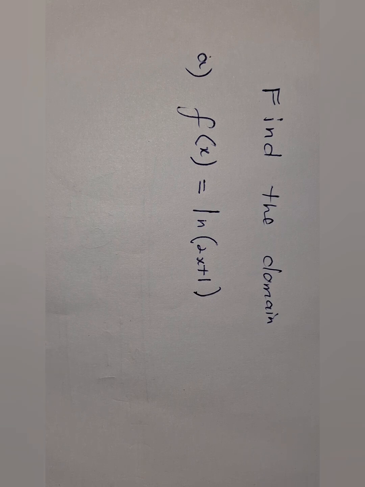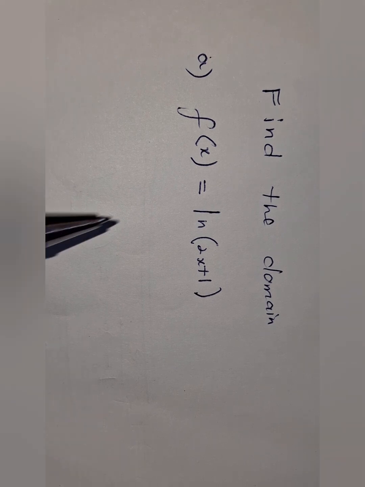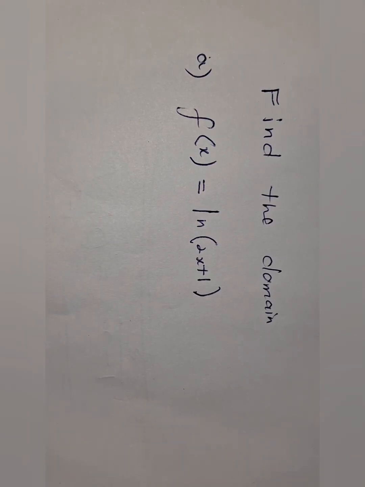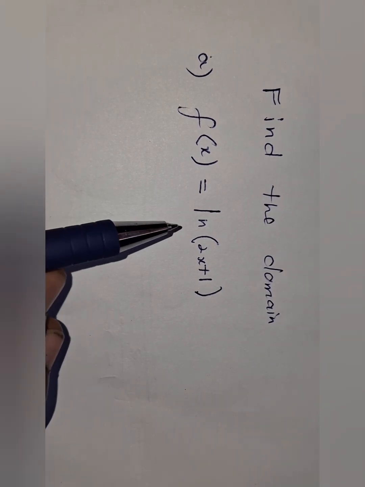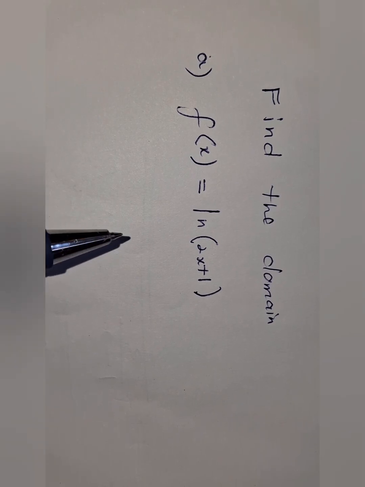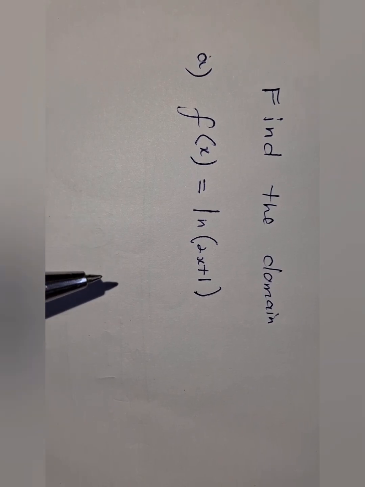So, let's go over an example. Here we have f of x is equal to ln of 2x plus 1. And we know that ln is a logarithm, and logarithms do not take negative numbers. They don't take 0 as inputs, but rather their inputs are always positive.